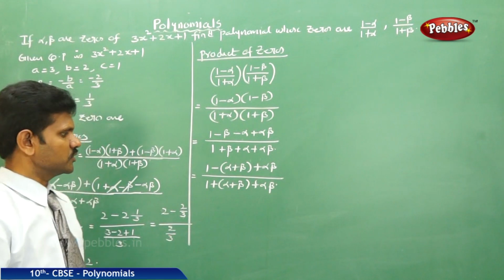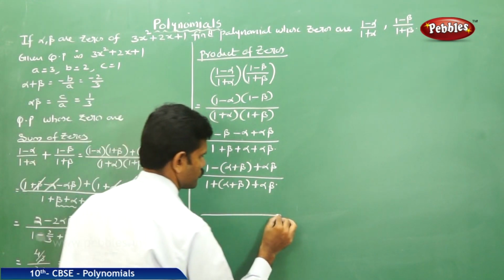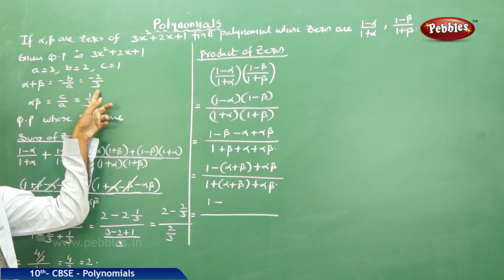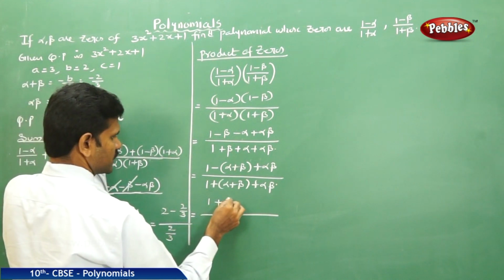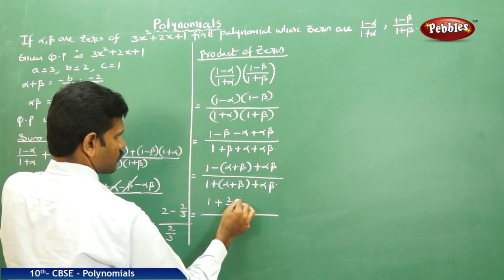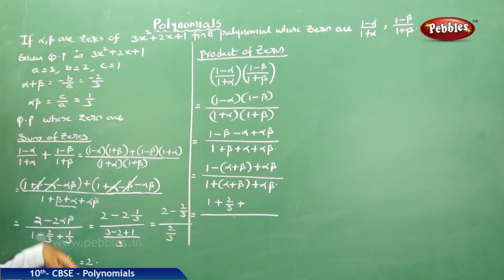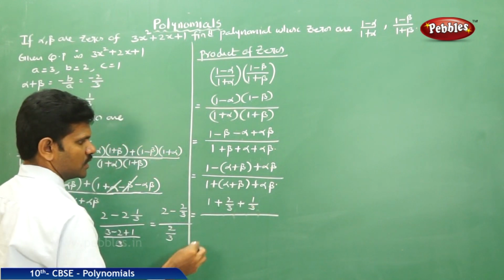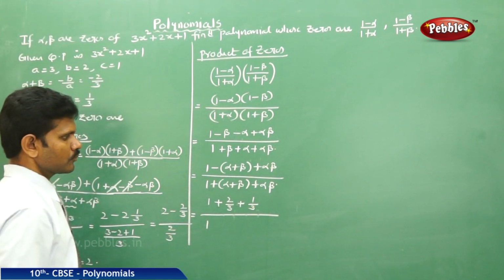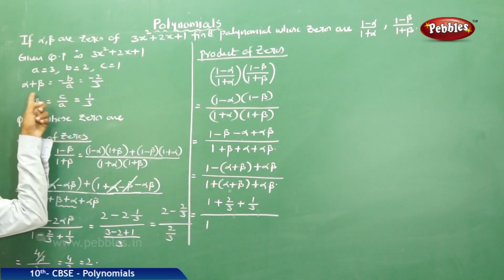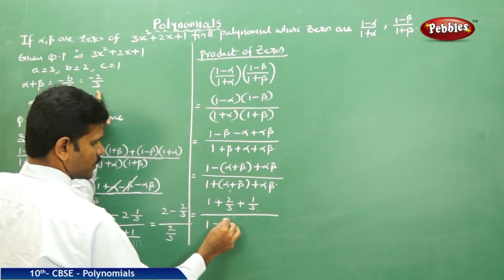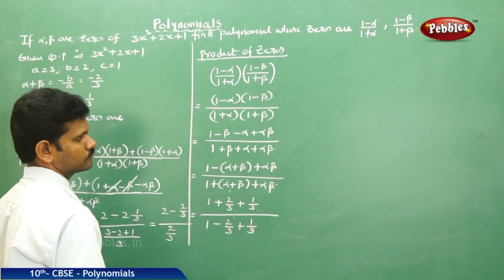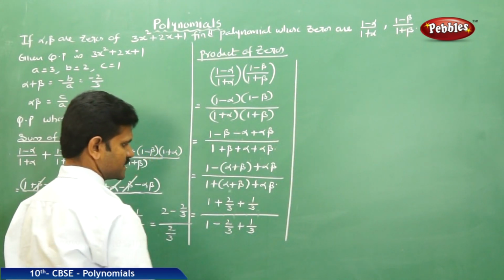Now substitute these values here. 1 minus alpha plus beta, minus 2 by 3, that is a plus 2 by 3, plus alpha beta value 1 by 3. Good. Similarly, 1 plus alpha plus beta value, minus 2 by 3, plus alpha beta value, 1 by 3. Now do the LCM.